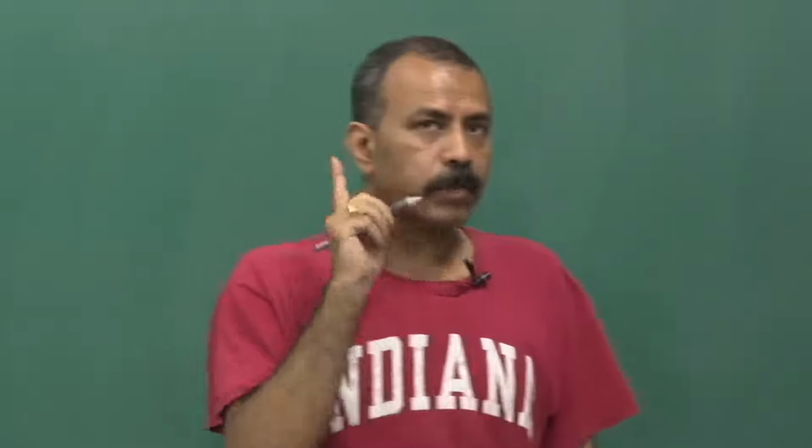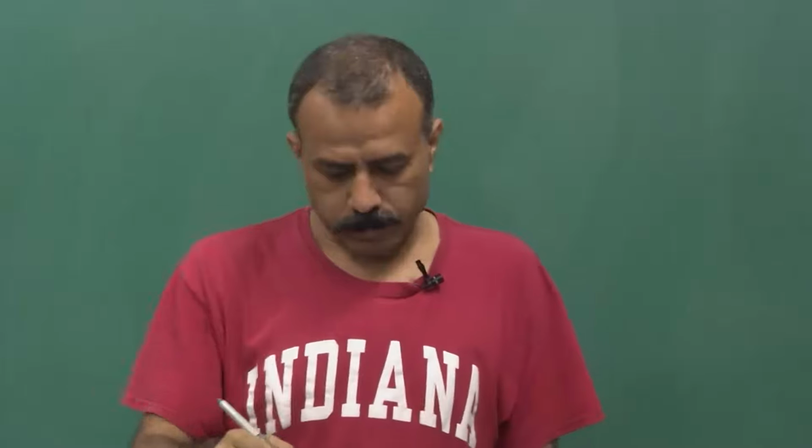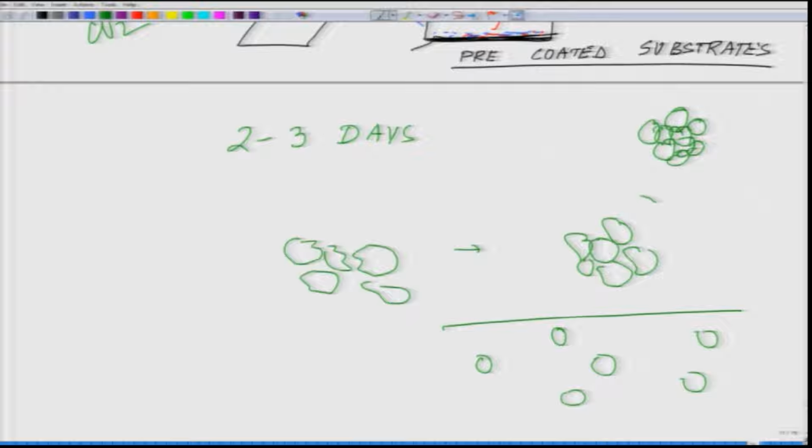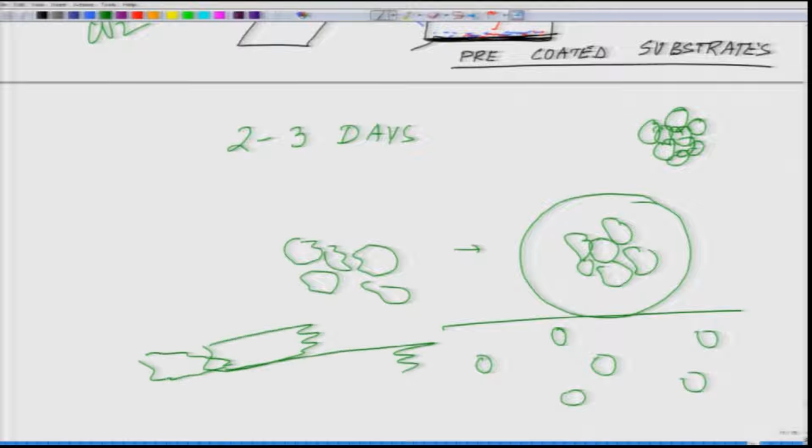If it is a very sparsely populated culture, you may not see the formation of islands. And if it is a very dense culture, then you will see necrosis. So, you have to have an optimal density, where the cells will form almost something like a monolayer.